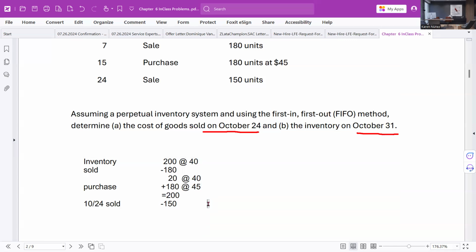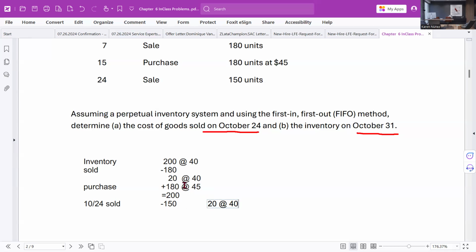Well, let's see. FIFO, first in, first out. We only have 200 units, and we have 20 of them at 40, 180 at 45. First in, first out. So we're going to have 20 at 40 as the first ones out. And then we're going to need another 130 because we sold 150.